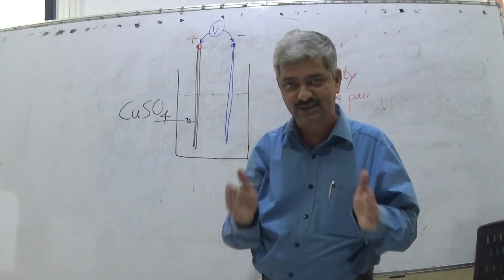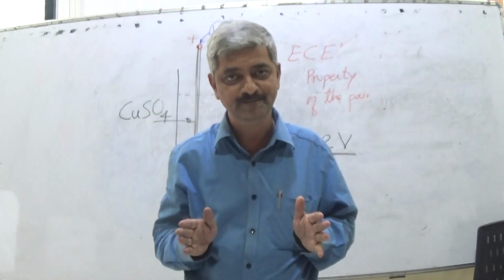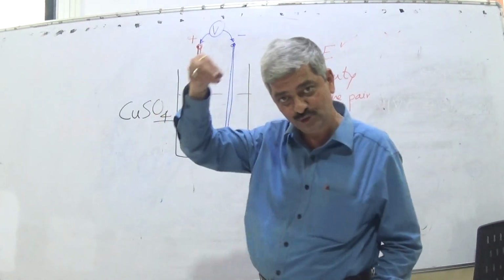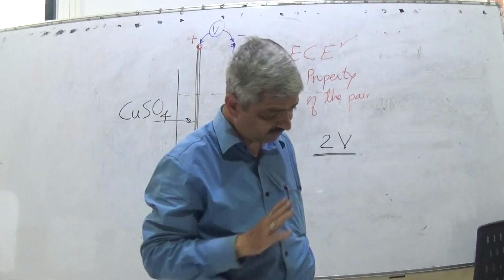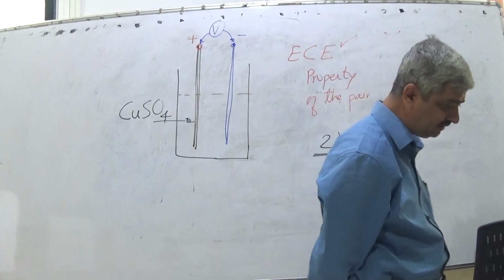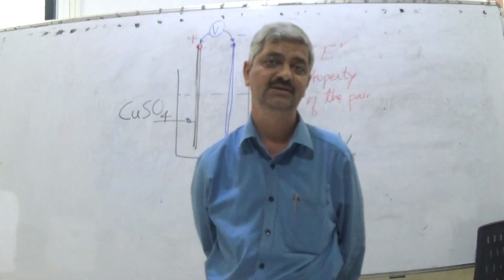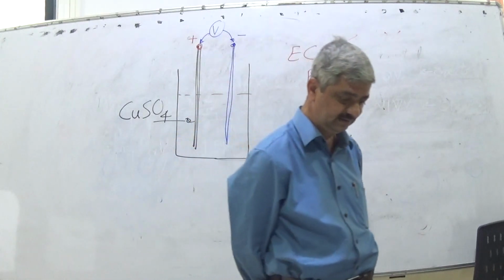If I take 1 liter of water and put in 10 grams of copper sulfate, it will be 2 volts. Even if I put more, it will not change. The electrochemical equivalent is independent of the concentration of electrolyte.